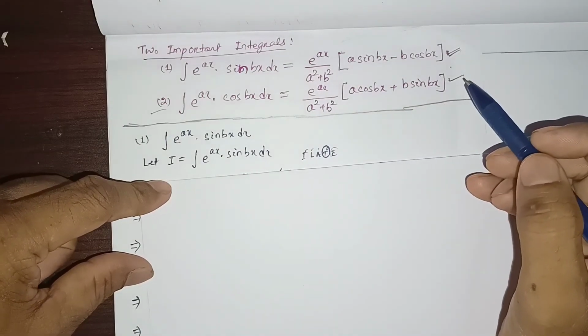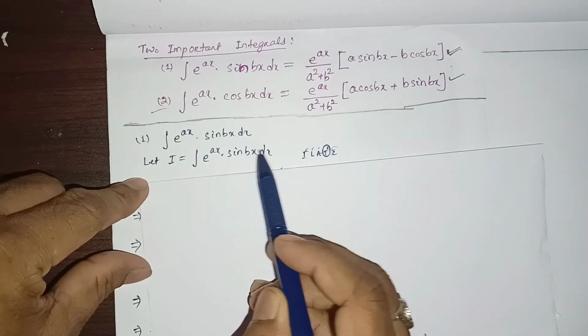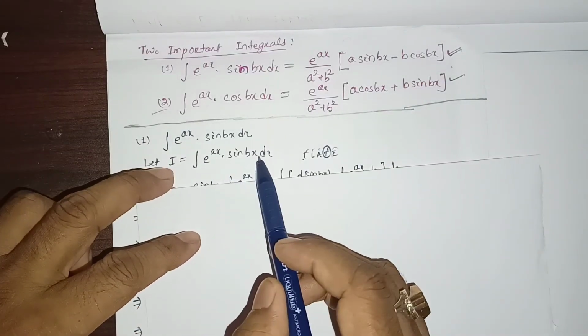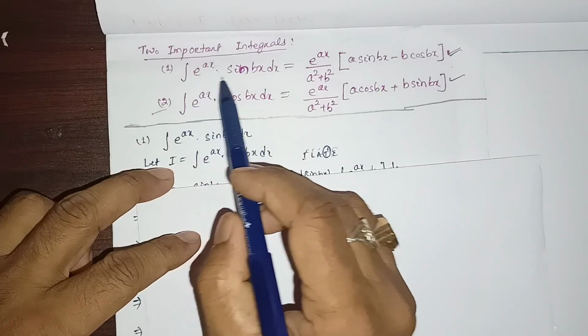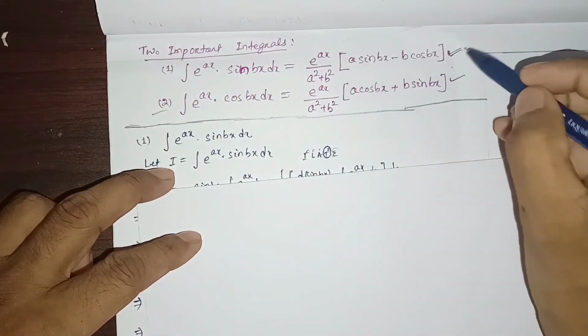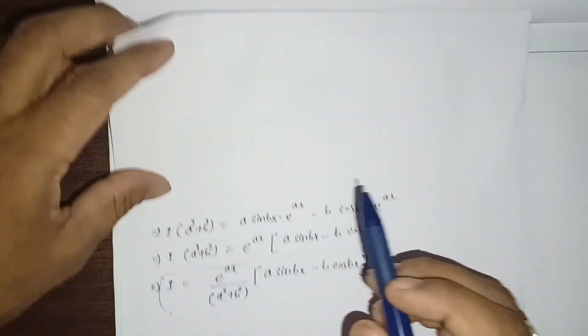Initially we considered that I equals the integration of e to the power ax sin bx dx, so here we found I equal to this much. Hence the integration of e to the power ax sin bx dx will be this much. This much we intended to prove, and here we found the same.